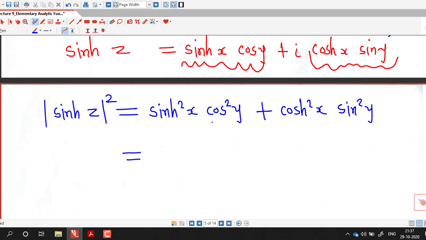Now if we want to eliminate these cosine terms, we can express them in terms of sine terms only.